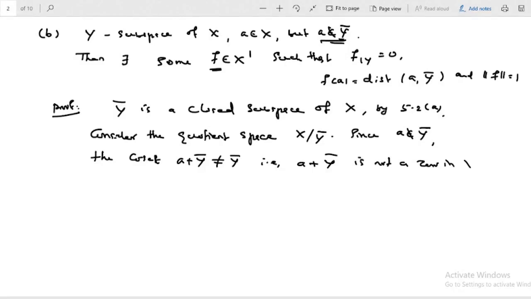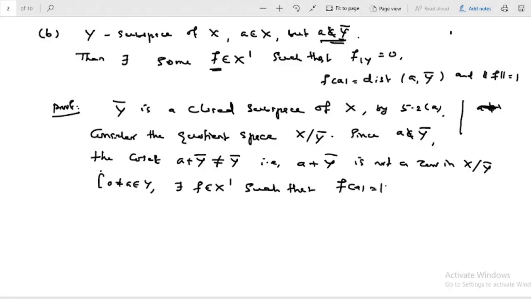in X by Y closure. അപ്പോൾ എ പാർട്ട് അനുസരിച്ച് നമുക്ക് കിട്ടും. പാർട്ട് എ അനുസരിച്ച് നമുക്കറിയാം ഫോർ നോൺ സീറോ എ ഇൻ വൈ there exists f belongs to X dash such that f of A is equal to norm A and norm of f is equal to 1.